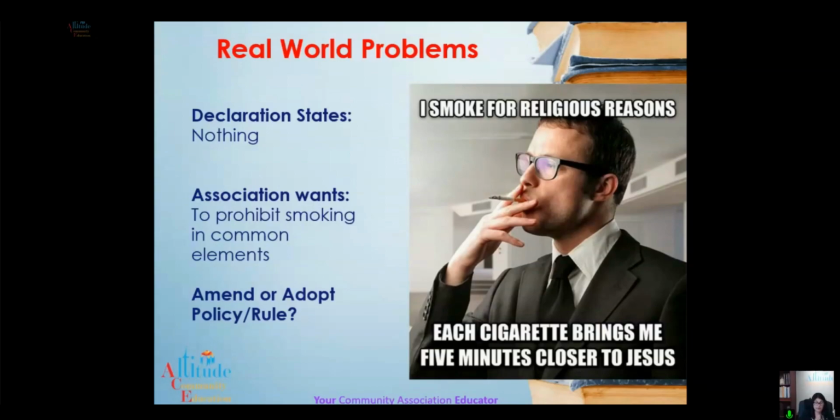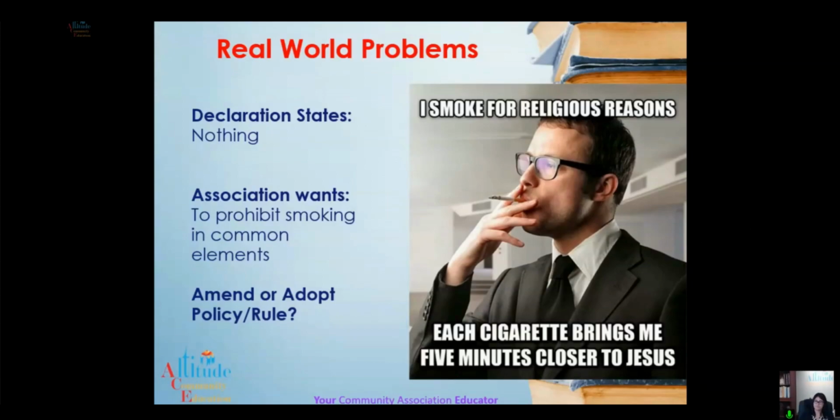And remember earlier I was saying that the association can regulate the use of common elements. We can regulate the conduct and the use of common elements. So if we want to prohibit smoking in common elements, the board has the right to adopt a rule governing that conduct in common elements.